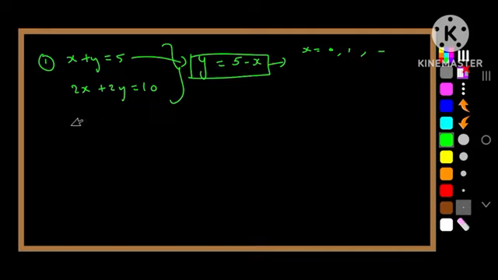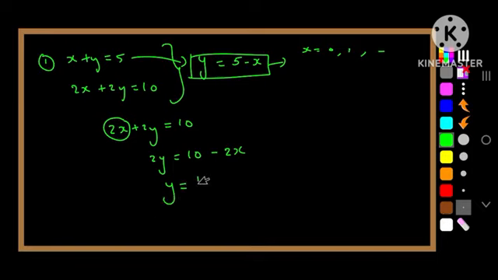Similarly, the second equation is 2x plus 2y is equal to 10. So simply you write down 2y is equal to 10, and take this 2x this side. So this will be minus 2x, so 2y is equal to 10 minus 2x, and you take this 2 this side, so y is equal to (10 minus 2x) by 2.